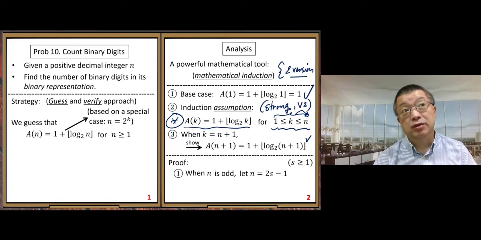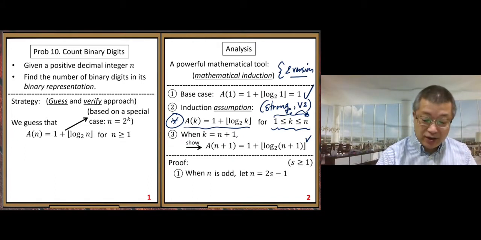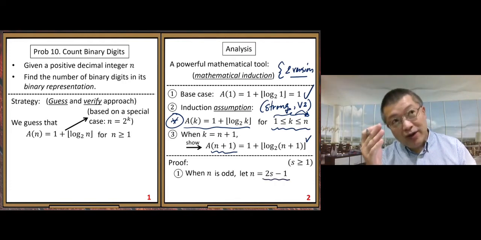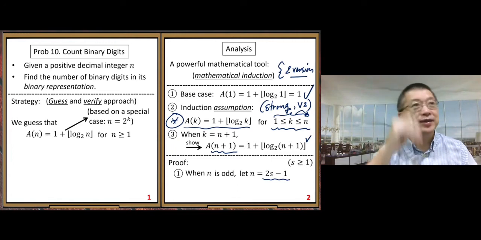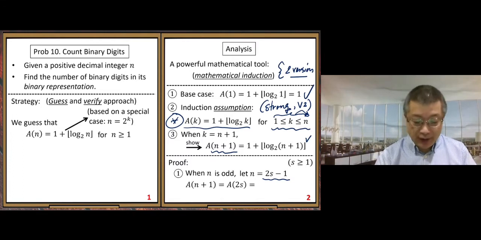Very simple: look at the left-hand side, n plus 1. If you write n as 2s minus 1, then plus 1 and minus 1 cancel out. That's very nice. So 2s minus 1 is a better choice. All right, let's do the simplification.